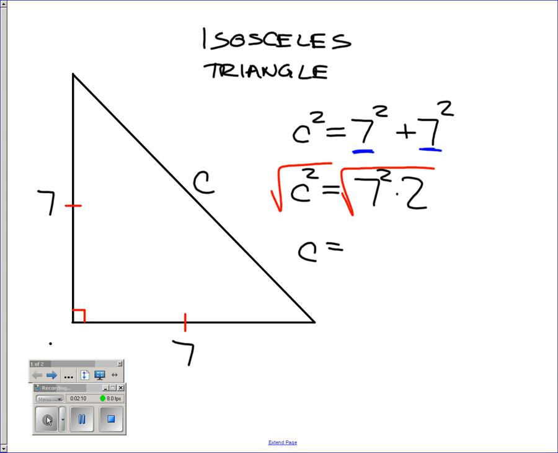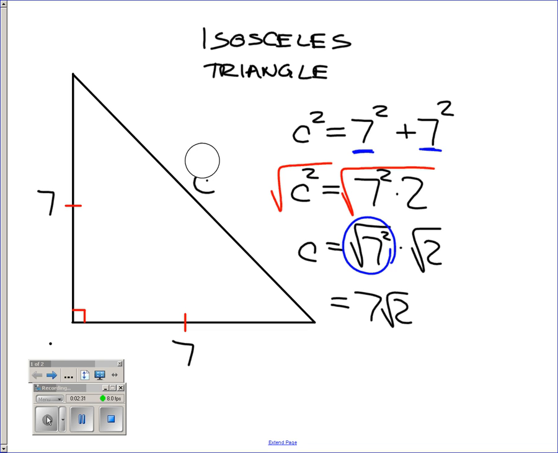So this square root of 7 squared times 2, I'm going to separate because it's multiplication or division only. There's no addition or subtraction. But this part right here, the square root of 7 squared, is 7 times the square root of 2.